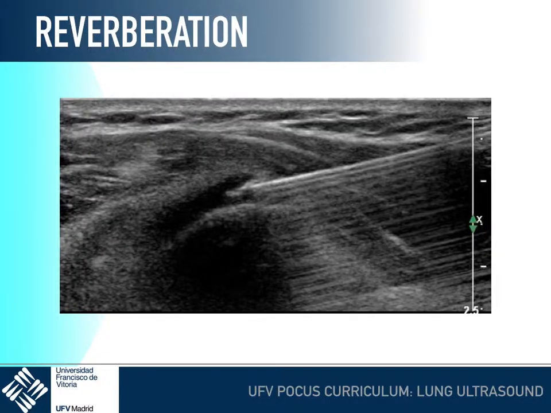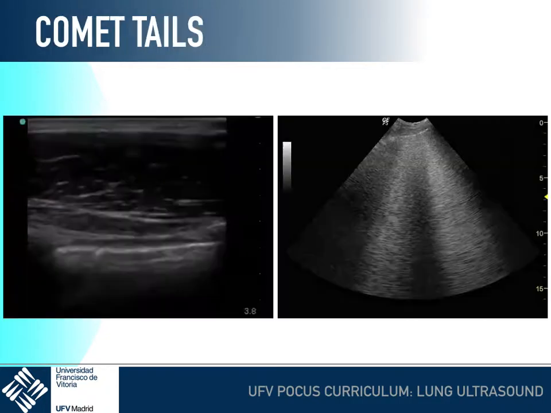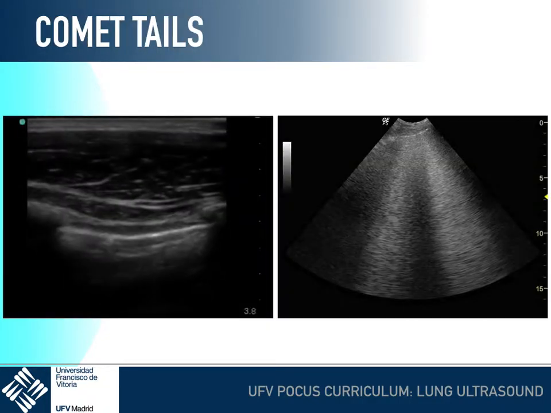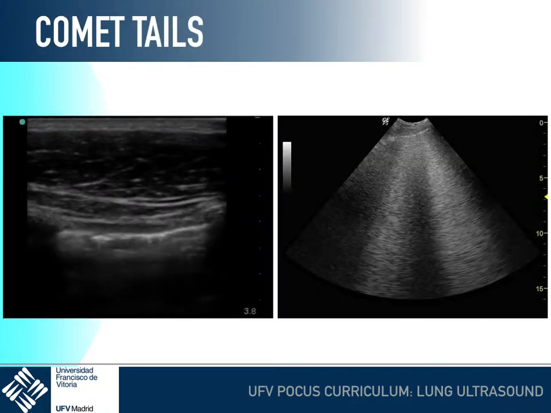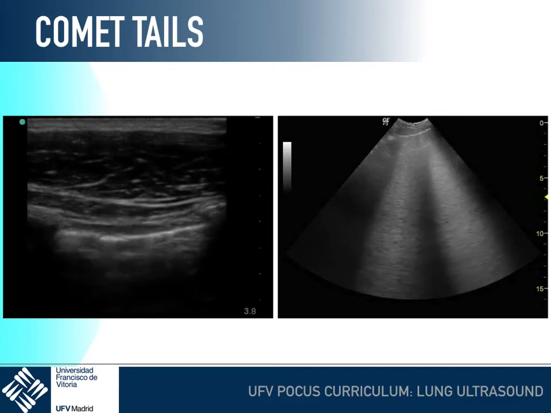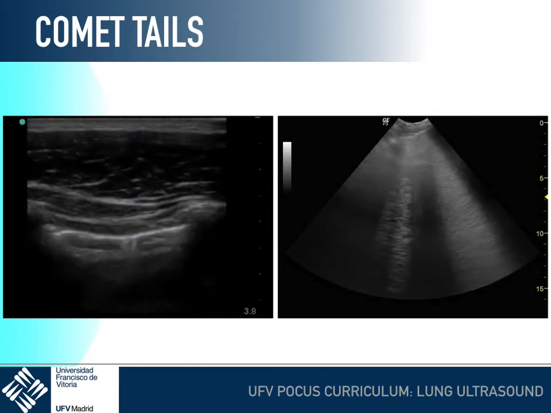Reverberation occurs when the ultrasound beam crosses really peculiar materials, like pure air in our case, or, in the picture you are looking at, metal. The second are the comet tails. Comet tails can be different depending on what is below the line.